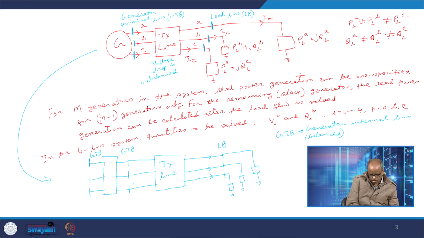This is called the generator internal impedance, GII.